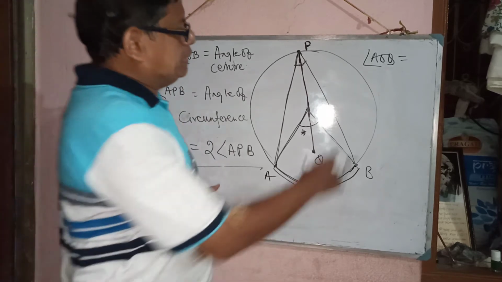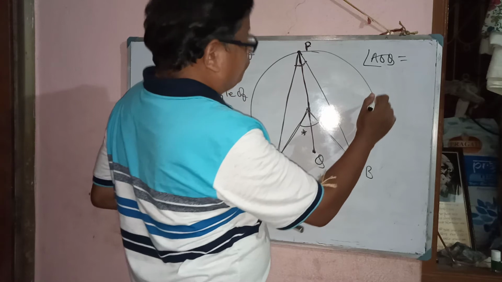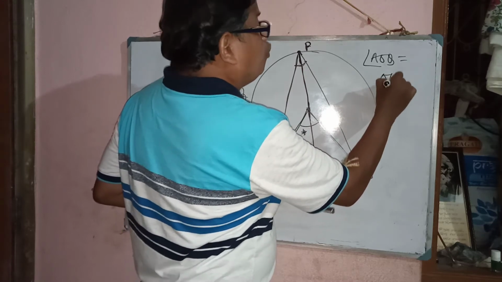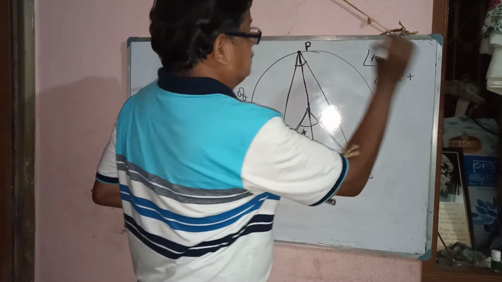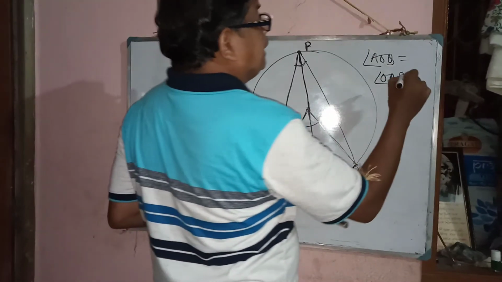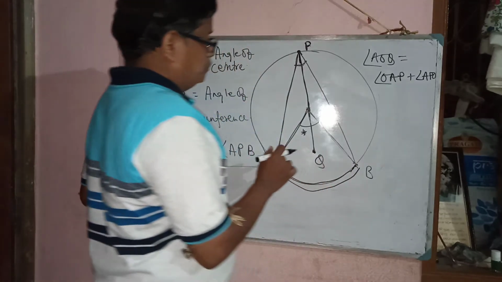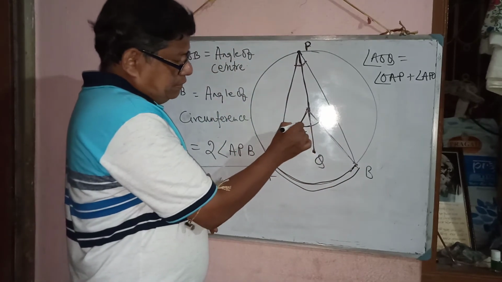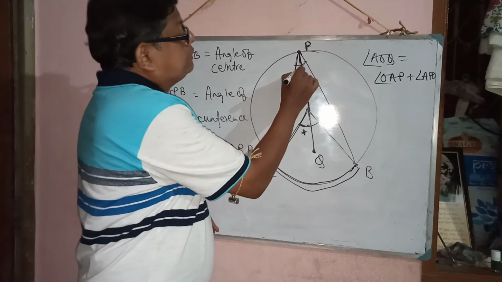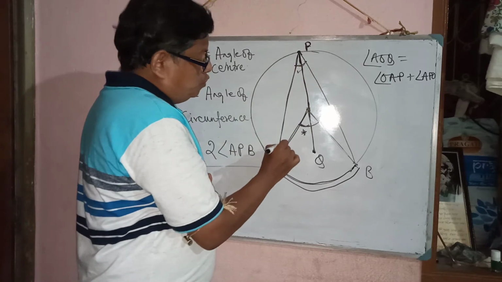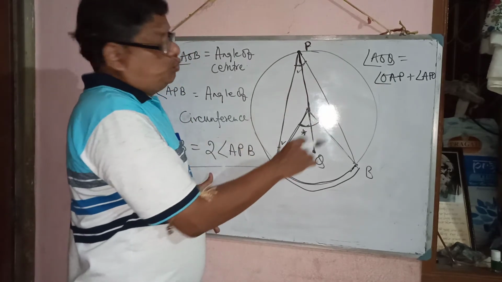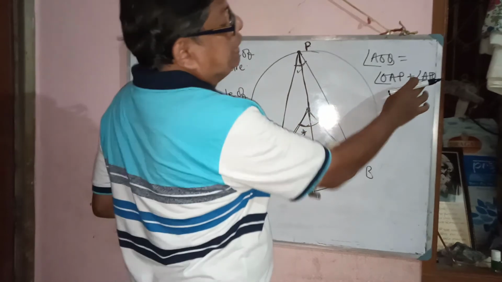So we can write here AOQ equal to OAP plus APO. This angle equals the sum of these two: AOQ equals OAP plus APO.